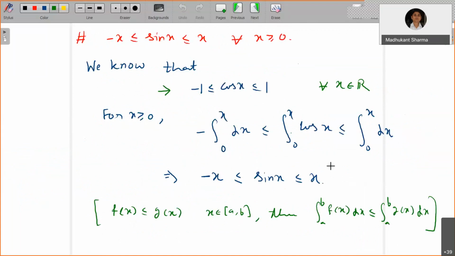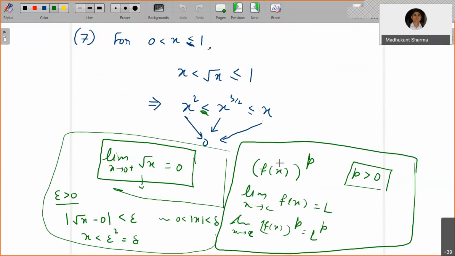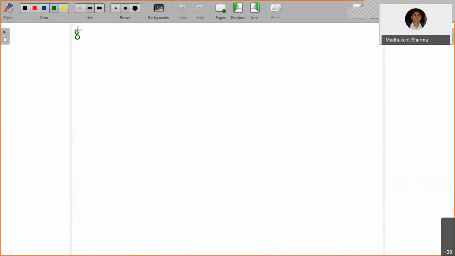If you integrate one more time, you can establish the result that 1 minus x square by 2 is less than or equal to cos x, which is less than or equal to 1, for all x in R. You may argue that we can use L'Hospital's rule, but so far we have not done it, so you can't.